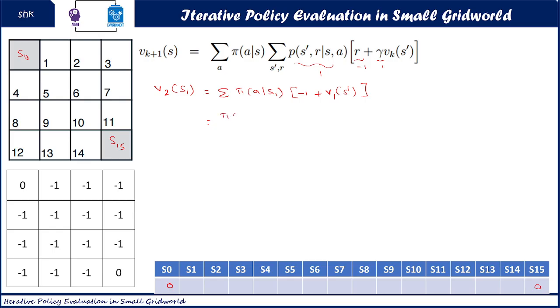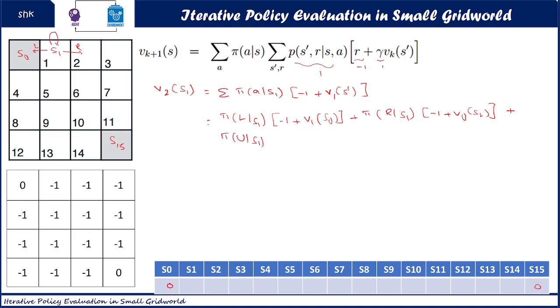For the left action, pi of left from S1 state, -1 plus V1 of, which state are we going to consider on the left side? Now we are in S1 state, so the left action leads to S0 state, plus pi of right action from S1 state, -1 plus V naught of, when we take the right action we move into S2 state, plus pi of up action from S1 state.